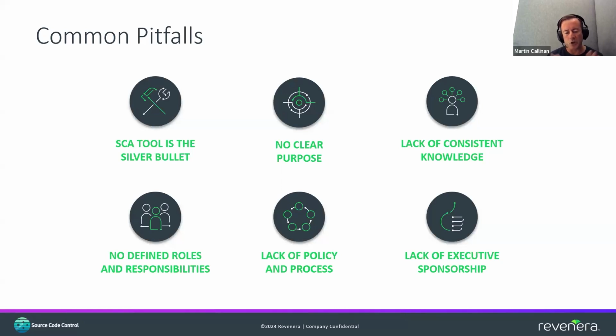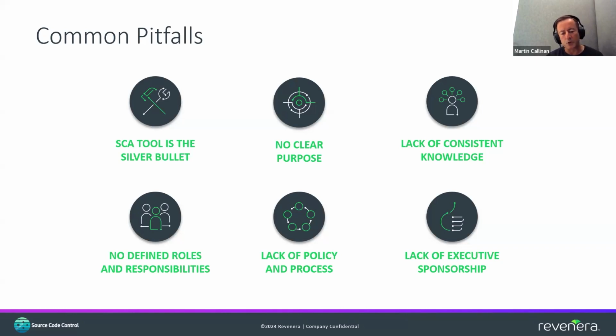But there is a common set of pitfalls that we see when companies try to create processes and adopt technology to manage the problem, but perceive they haven't quite worked out, or in some cases perceived as a failure within the business. So the first one I talk about is technology, and in particular, software composition analysis tools.